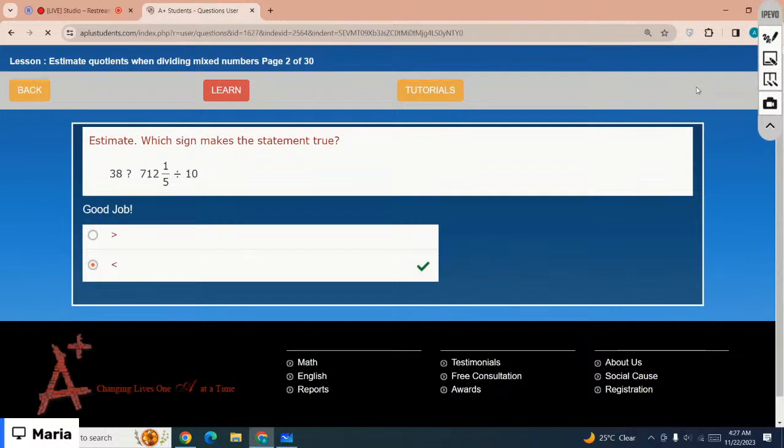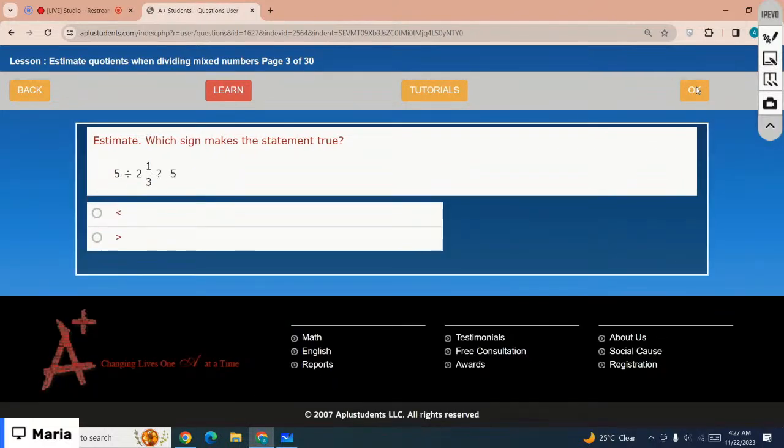Okay, what about the next one? 5 divided by 2 whole 1 by 3, you have to compare it to 5. Which is the correct option?